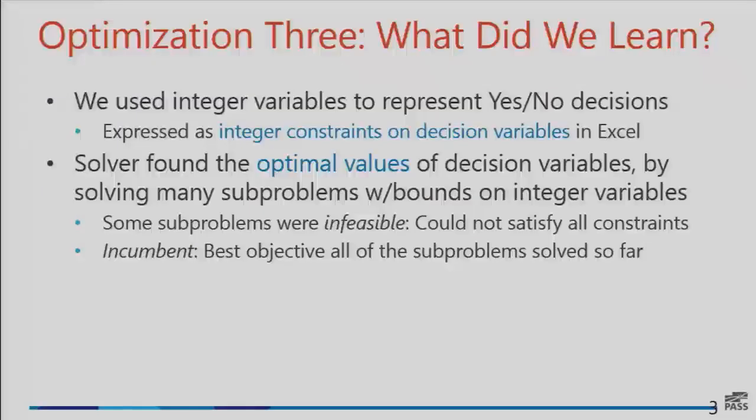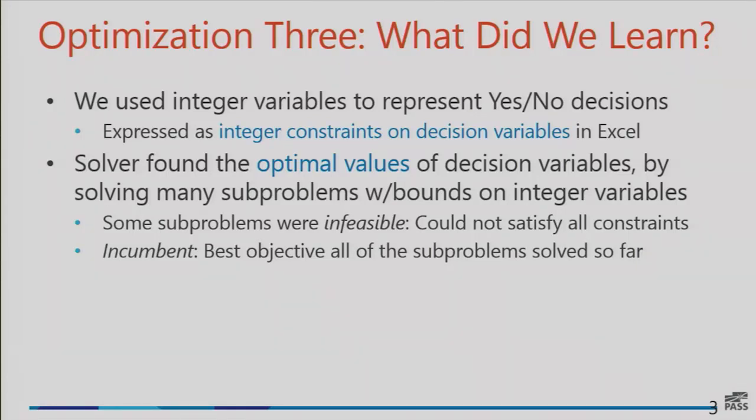Okay. Now, we solved this problem very quickly because it's not that big of a problem. But the way the solver actually finds that solution is it solves a whole bunch of individual optimization problems where it kind of ignores the integer constraints. They're called relaxations of the original problem.